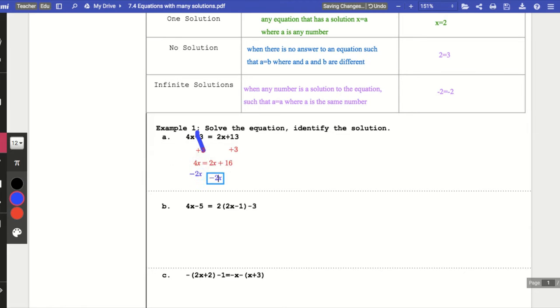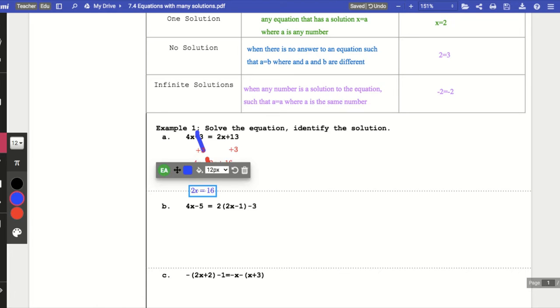When I subtract 2x from the right, it cancels, and from the left, I get 4x minus 2x, which is just 2x. So now I have 2x is equal to 16.